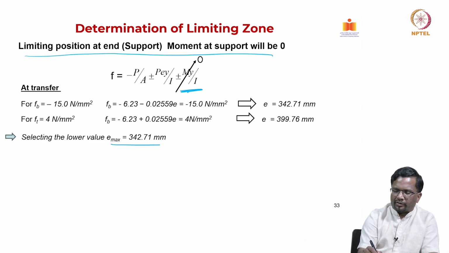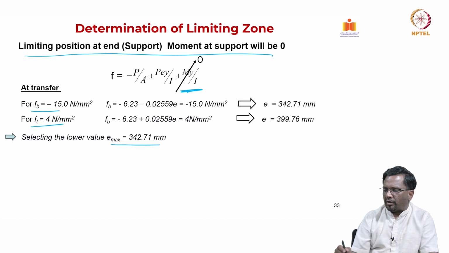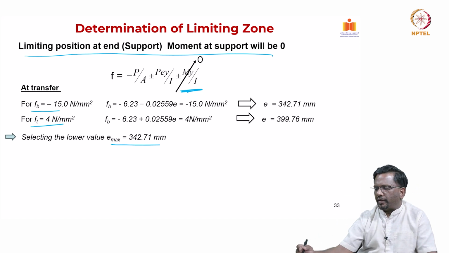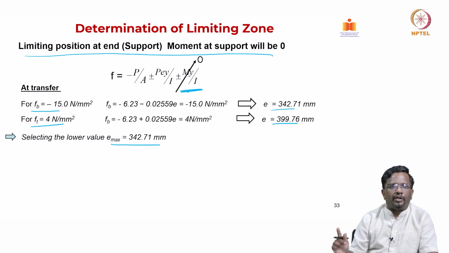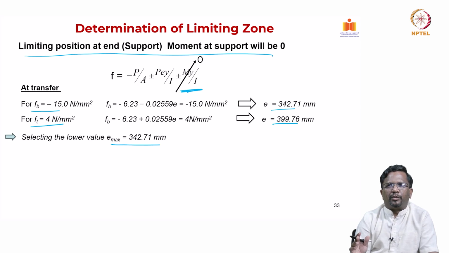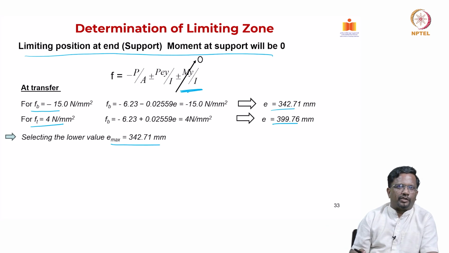This is again based on the stress at bottom and stress at top. From the same equation, put moment equal to 0 and then use allowable values and get your two eccentricities. Of the two eccentricities, I need to choose E max as the lower value for the transfer condition. E max will always be the lower of the two values.